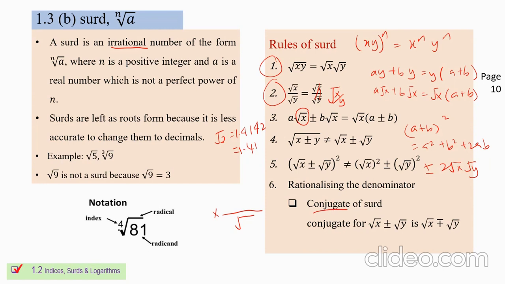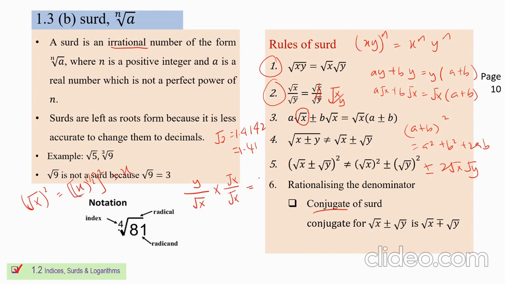The conjugate of the surd depends on which one you want to choose. If you have only one term at the denominator, for example only surd x as the denominator, and the numerator is y, then to rationalize you multiply by another surd x over surd x. Surd x squared is x to the power of 1 over 2 multiplied by 2, so it is your x.